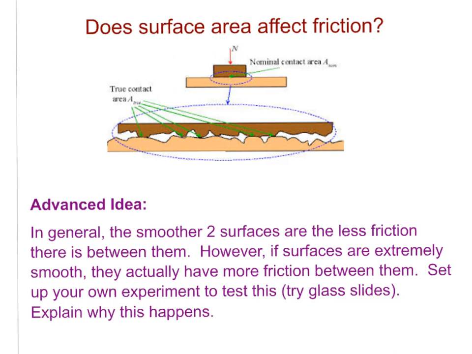So another question to ask: does surface area affect friction? Well, it may come as a surprise, but friction is nearly independent of the macroscopic surface area in contact. And the reason is this.